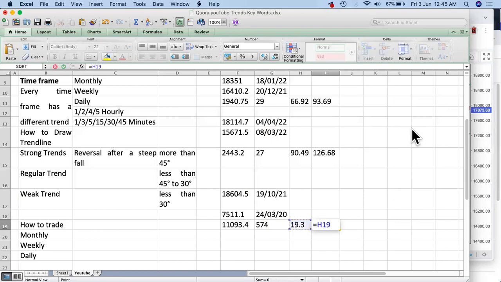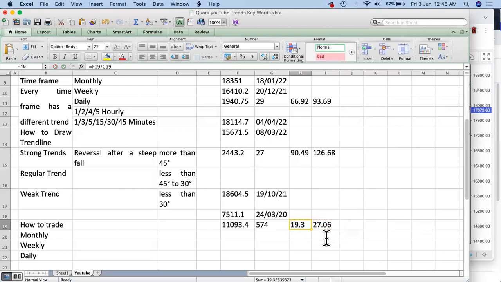We'll try to move this in terms of trading days. So what I did is multiply this by 7 and divide it by 5. Why? Because 5 is the number of trading days that we have in a week.